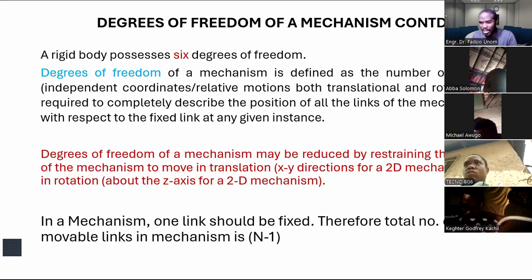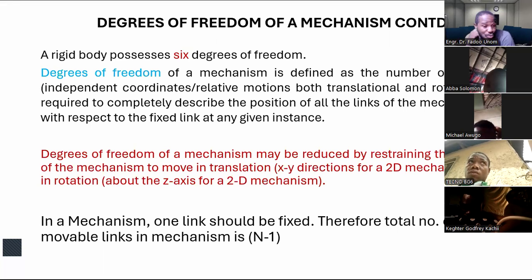So for the 4-bar chain, for example, at any time, how many inputs will you need to describe the position of the links on that mechanism with respect to the fixed one, such that you would have described the position of all the links? You would have described, therefore, the state and the status of that mechanism. That's what we call the degree of freedom.